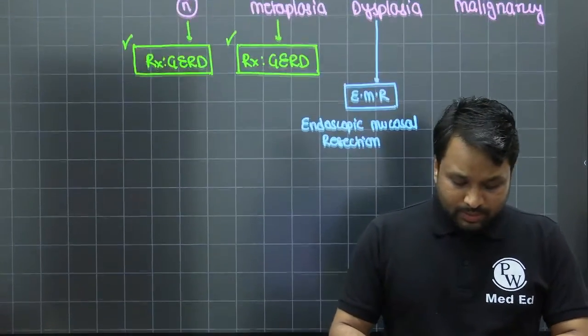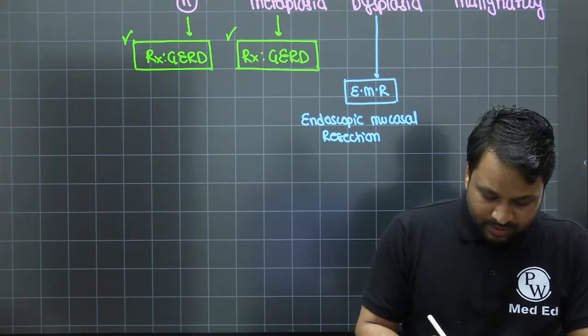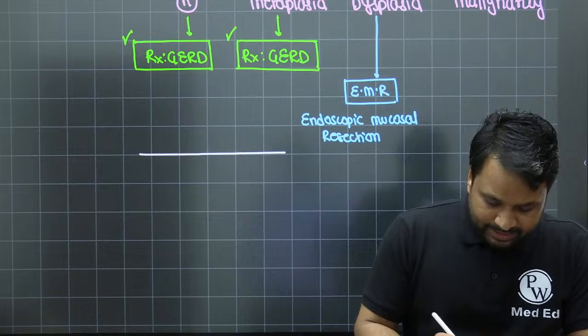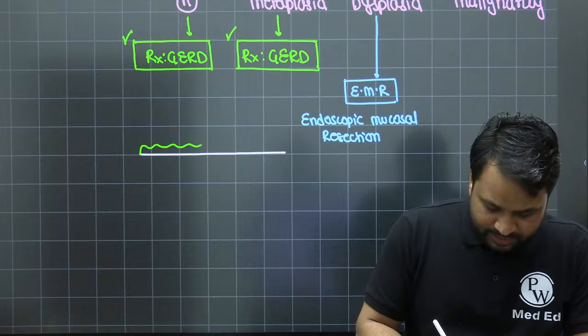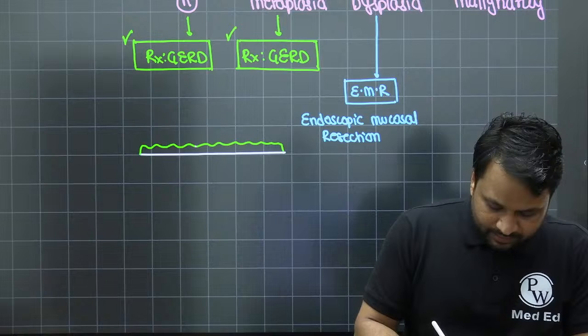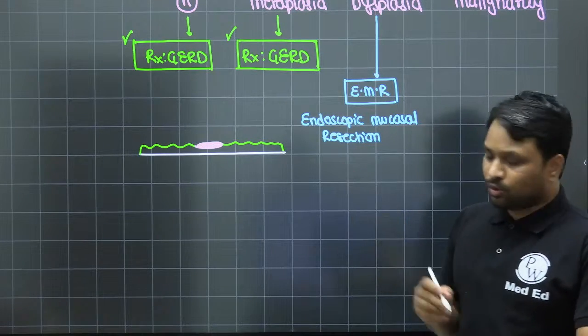Now, how does this work? Let's say this is the surface and let's say this is the mucosal surface that is present here, right? And let's say this is the area where dysplasia is present, right? So how do you do an endoscopic mucosal resection?